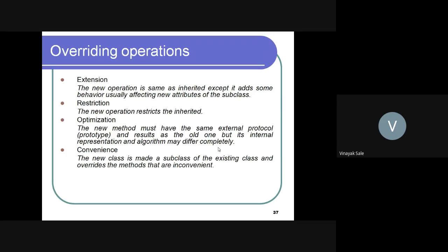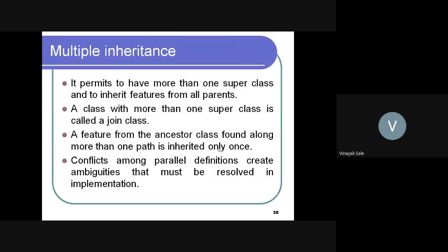A new class is made a subclass of an existing class and overrides the methods that are inconvenient. Then multiple inheritance. We have studied the concept of inheritance in C++.